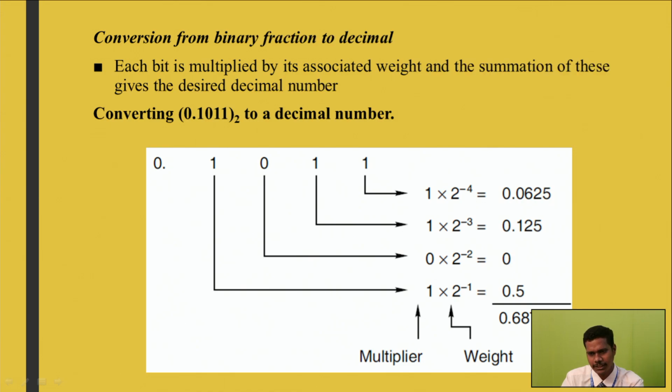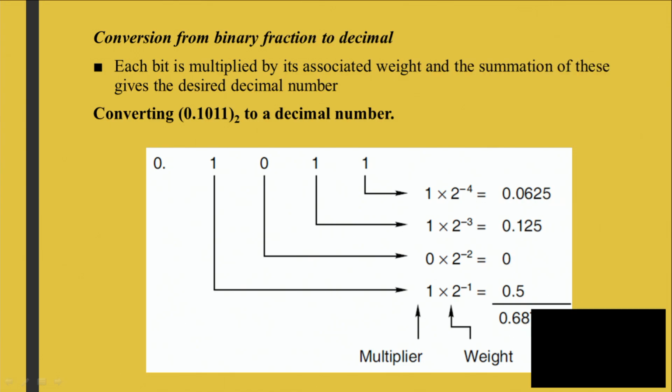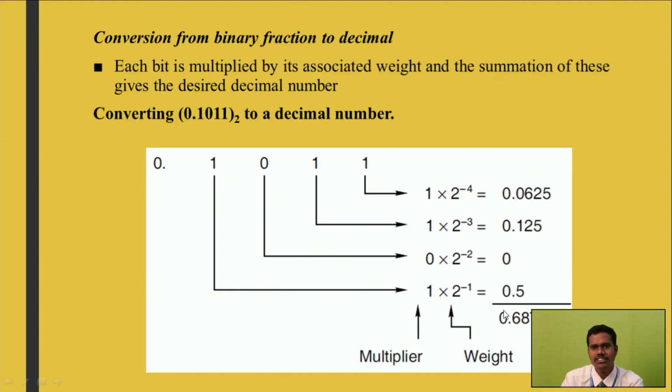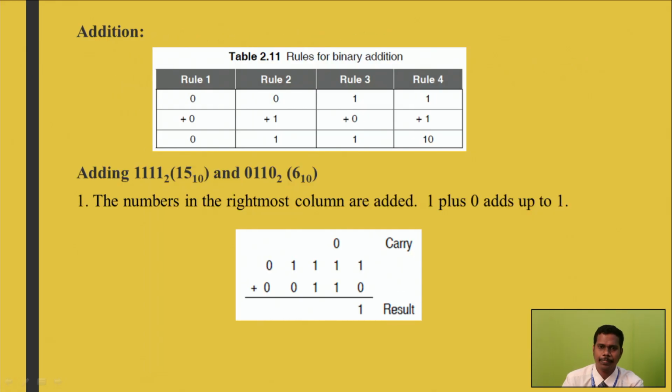The addition of these four gives the decimal number converted from the given binary number 0.1011, which is 0.6875.